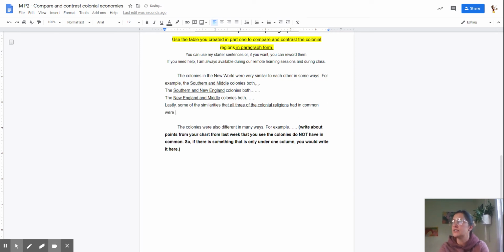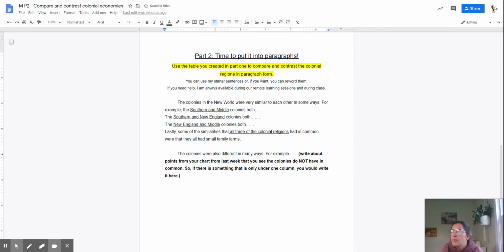that the first thing that I noticed was that when it comes to farming, types of farming, right, were that they all had small family farms. I'm going to put a comma there because I'm going to write more than one thing that they all had in common. Okay, so main points here.